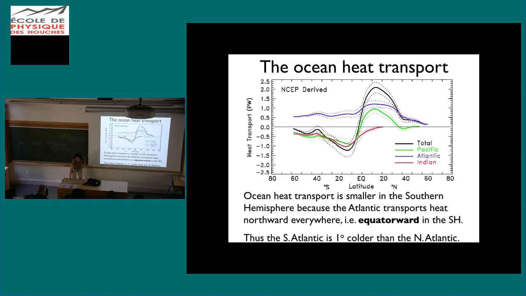So it's important, even though it's only maybe 1 petawatt, because it's a relatively small basin, and it's partially compensated by the Pacific. But the net result is this asymmetry, which has global consequences. So that's what we're going to focus on, this interhemispheric cell, primarily in the Atlantic, which transports heat northward everywhere.